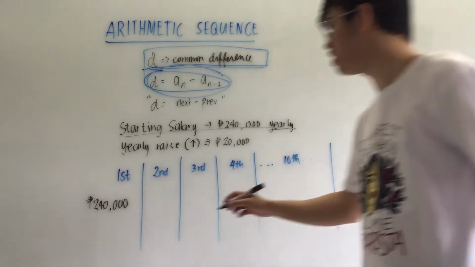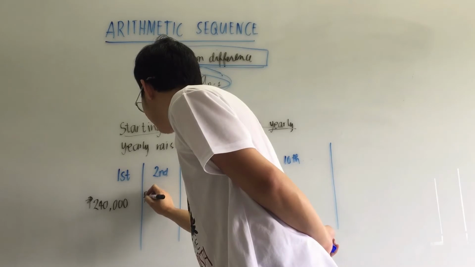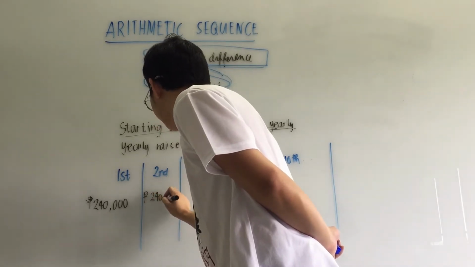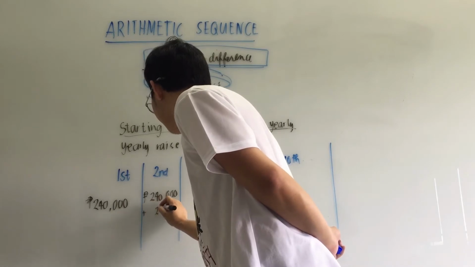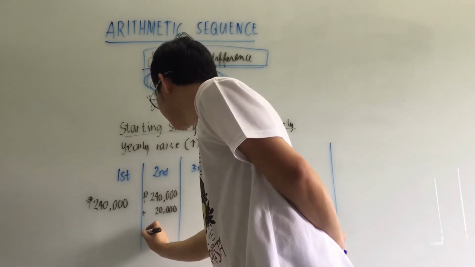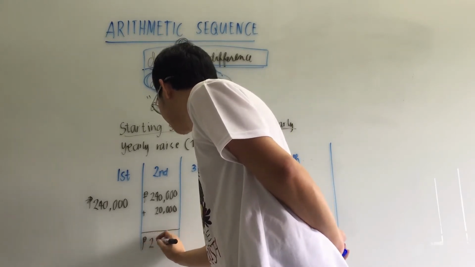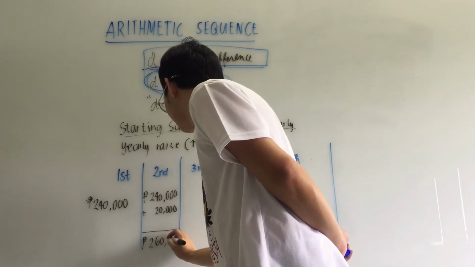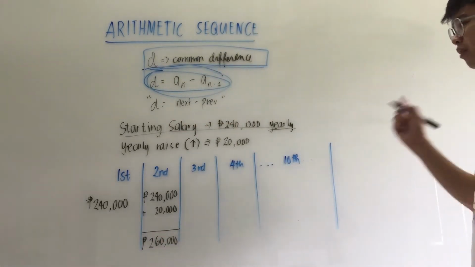Let me write it here: 240,000 pesos plus, of course, 20,000 pesos, which will give you technically 260,000 pesos.